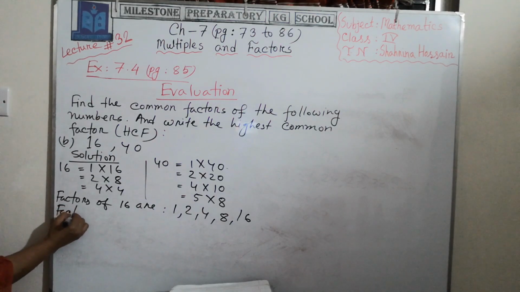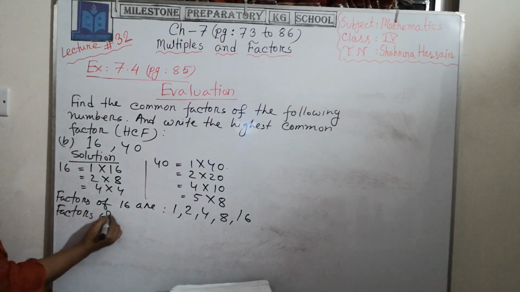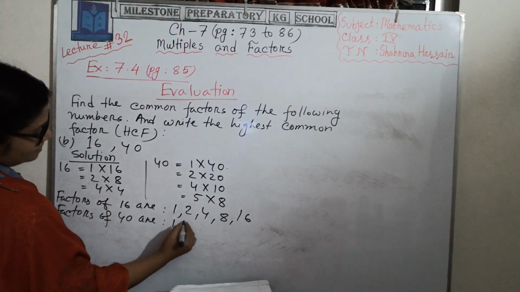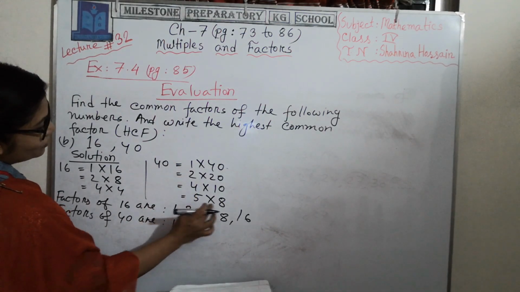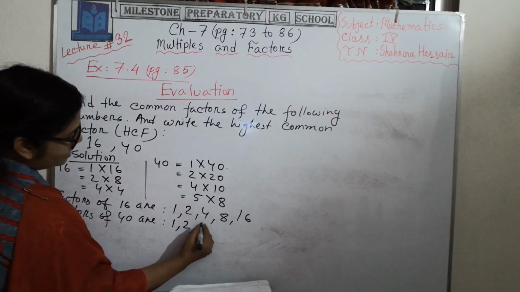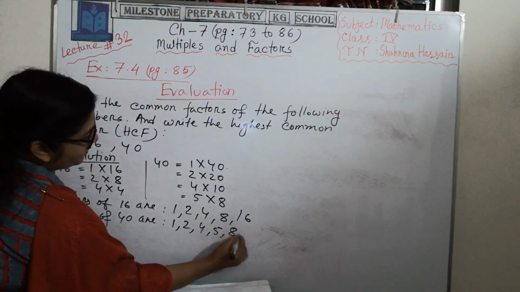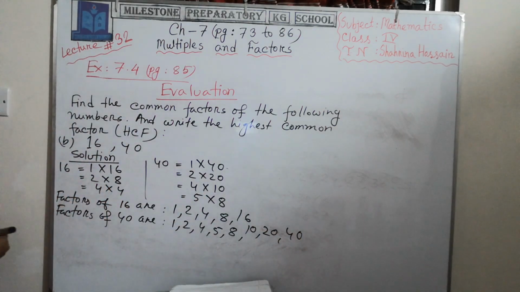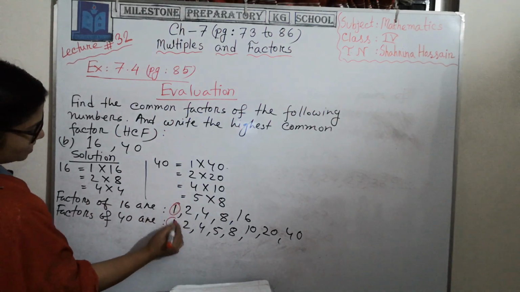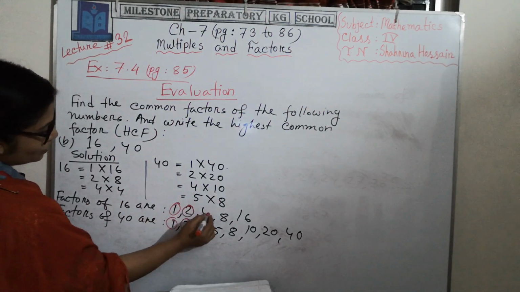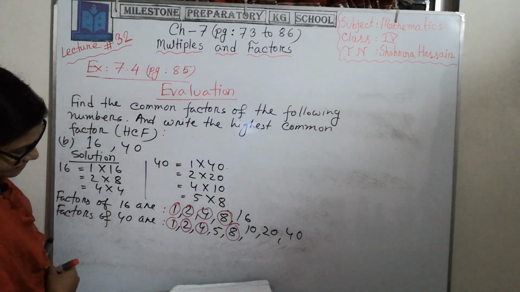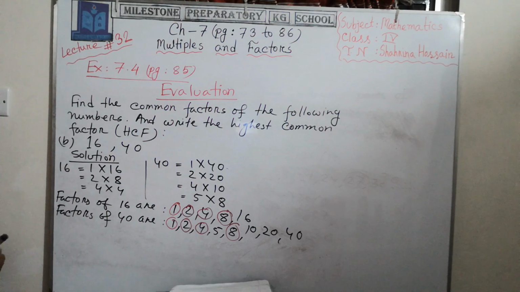Now factors of 40 are how many factors? 1, 2, 4, 5, 8, 10, 20, then 40. Okay. Who are the common? Yeah, you are right. 1, then 2, then 4, after that 8. Okay. We got it right.